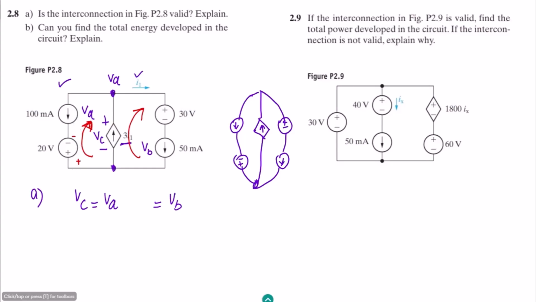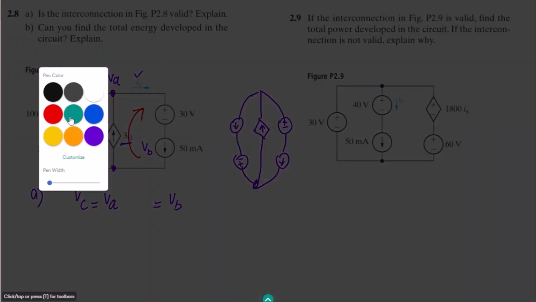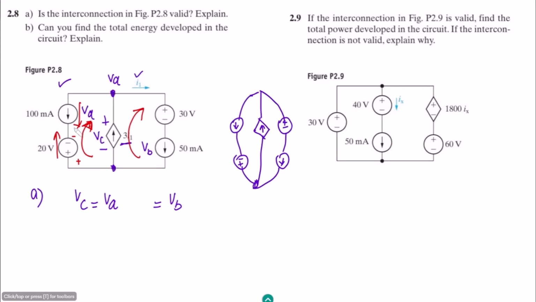So one current is flowing through it like this, and for the other one, the actual direction is this one. So the polarities of both of them will be opposite to each other. Therefore the polarity across this one will be negative and positive, because this is positive negative, it will be negative positive.